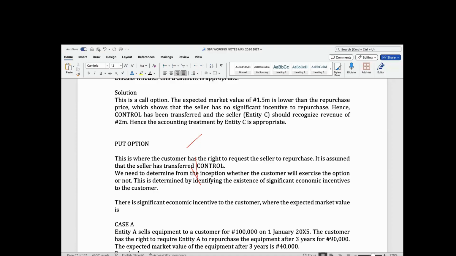As far as the customer is concerned, it will pay him to collect more money than the market value. That's where there is significant economic incentive.